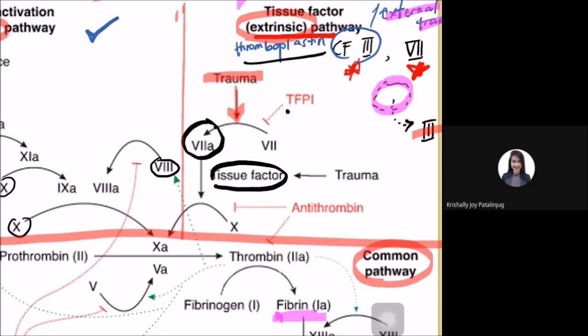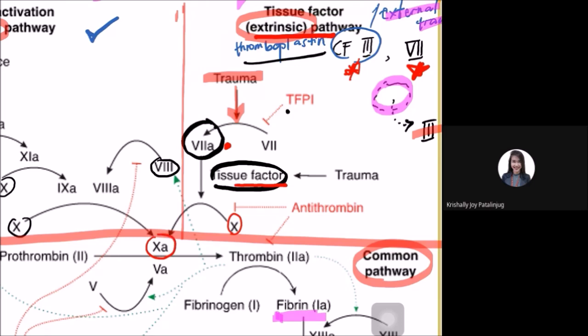Now, what is the importance of clotting factor 7, particularly 7A? Remember, when clotting factor 7A is activated, it already has action. Now, when there is clotting factor 7A, together with clotting factor 3A, that causes activation of the zymogen 10 into 10A.